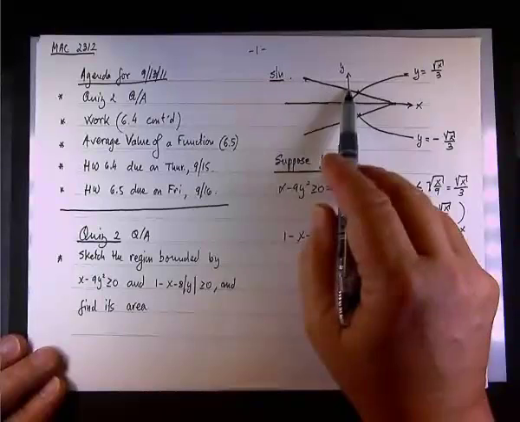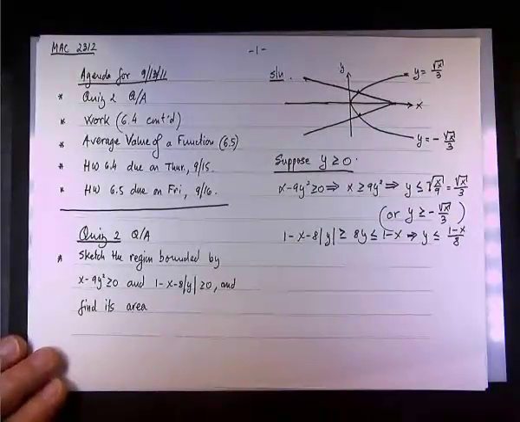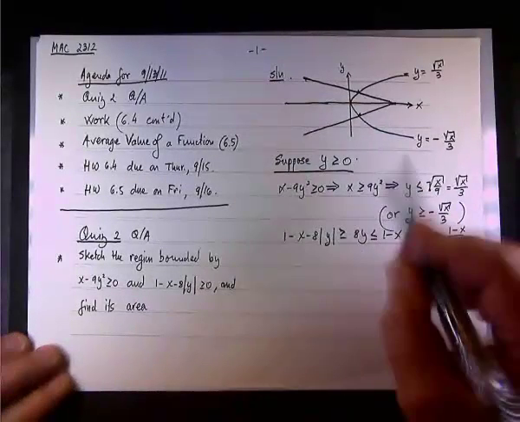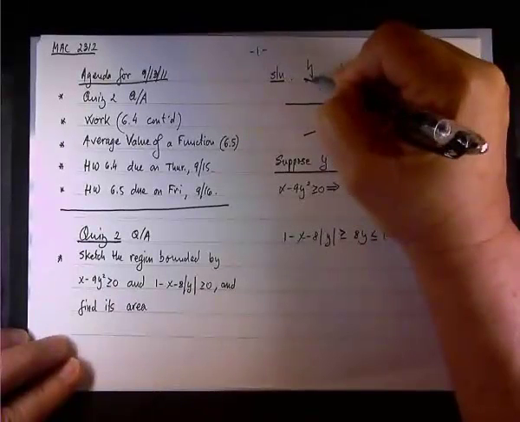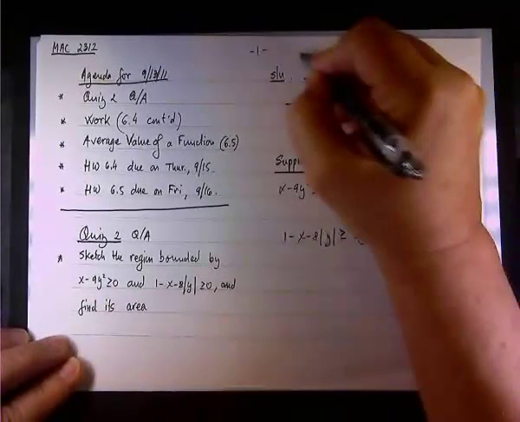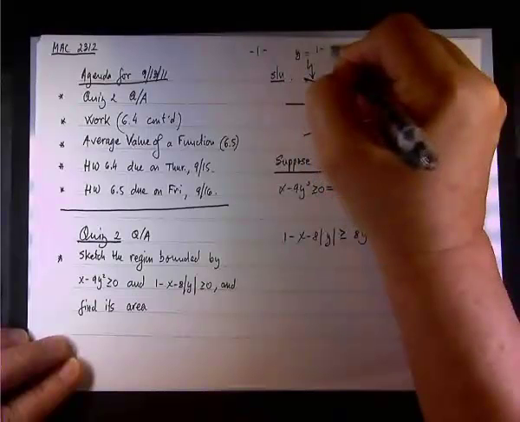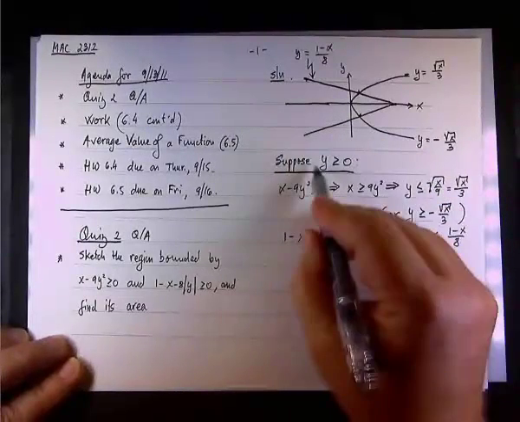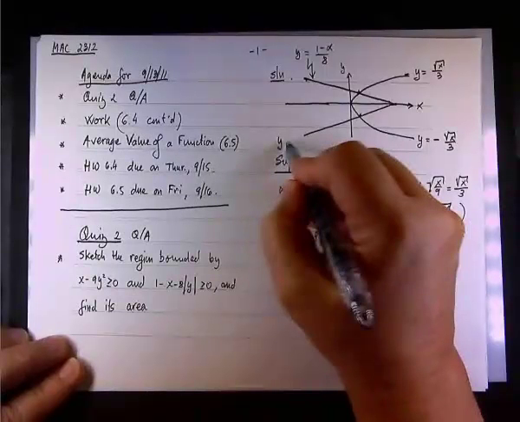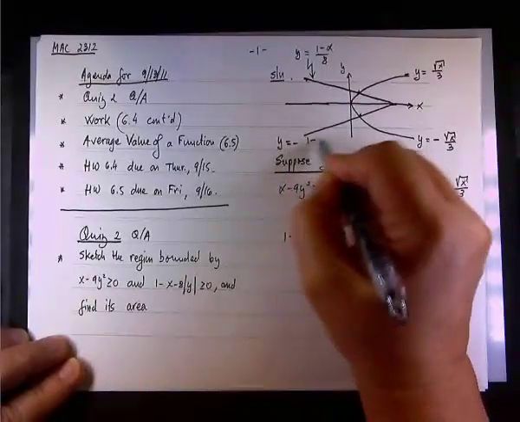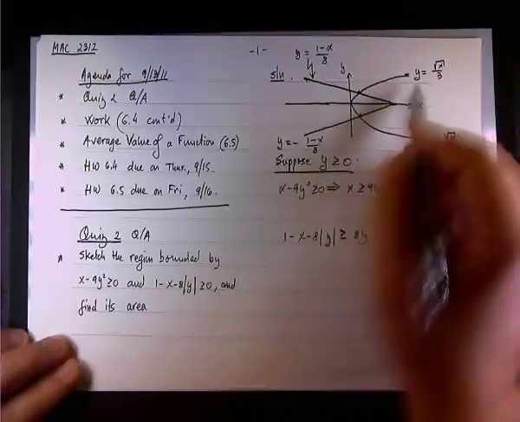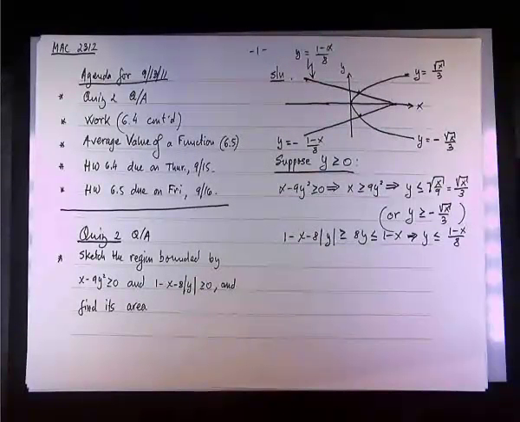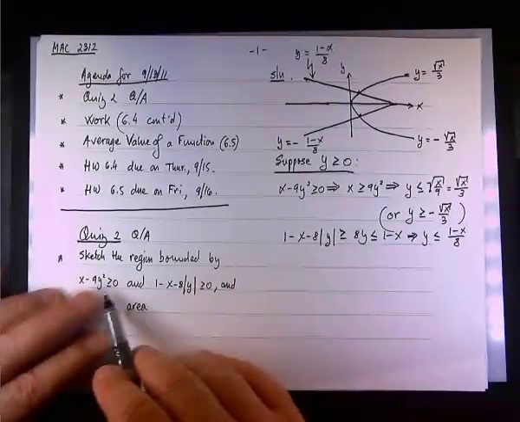So this is a line with y-intercept at 1/8 and a slope of negative 1/8. You can see the slope is negative. So this is the line y equals 1 minus x over 8. And this other branch is applied when y is negative, so y equals negative 1 minus x over 8.